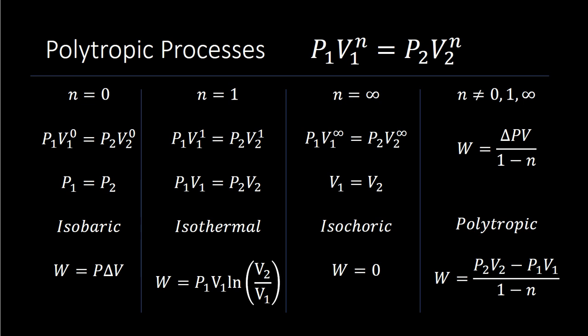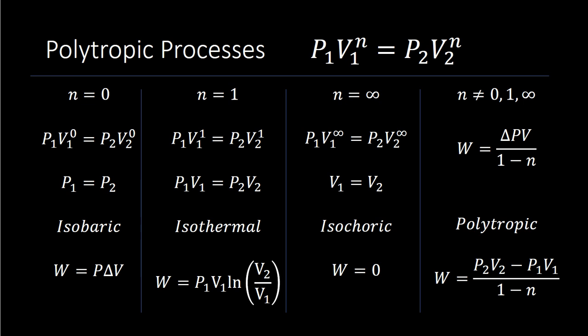If n equals some other value that's not 0, 1, or infinity, such as 1.1 or 2.5, 0.5, whatever, that's just a general polytropic process.